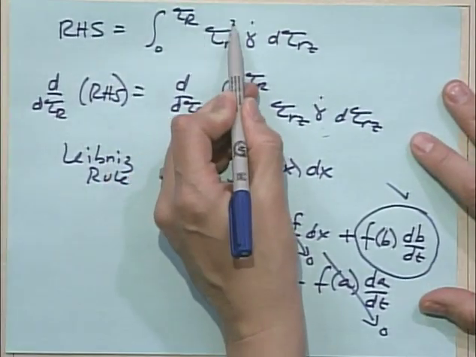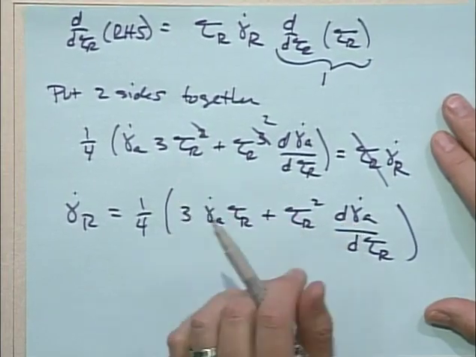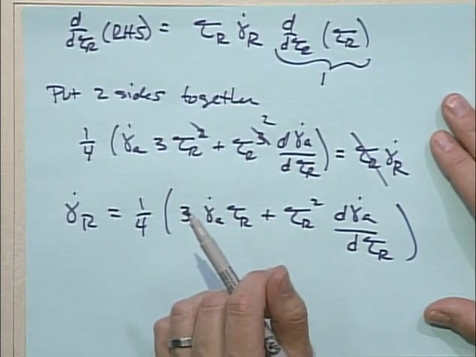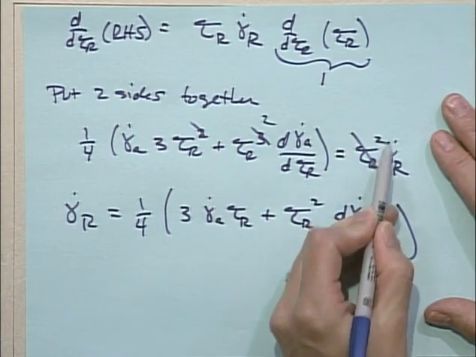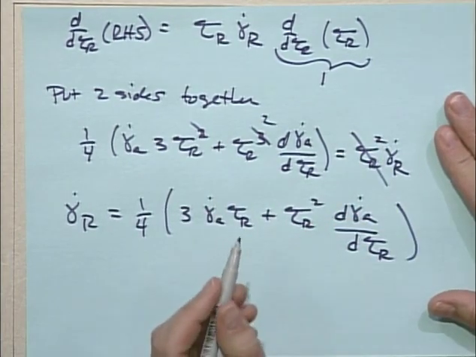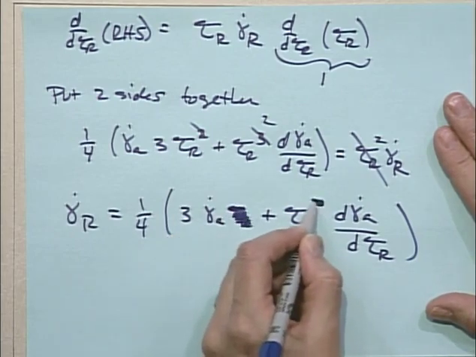This one is squared. Carry it through. There we go. So now we're cooking. This one goes out. That one's just a tau r.